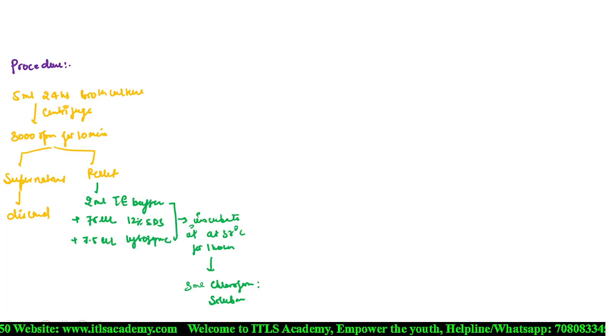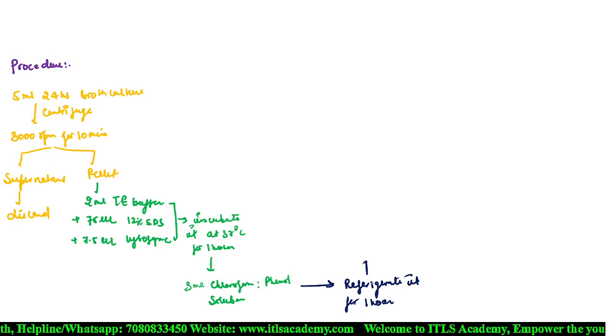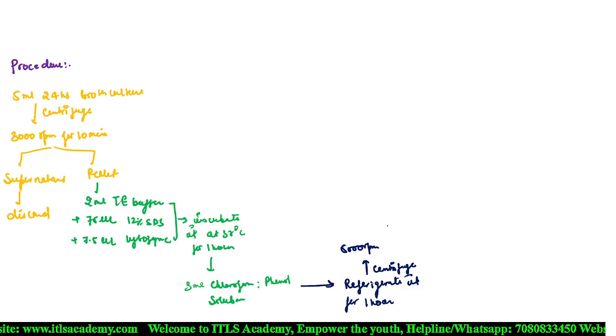After adding 3 ml of that chloroform and phenol solution, you have to refrigerate it for 1 hour. Then you have to centrifuge at 5000 RPM for 15 minutes.